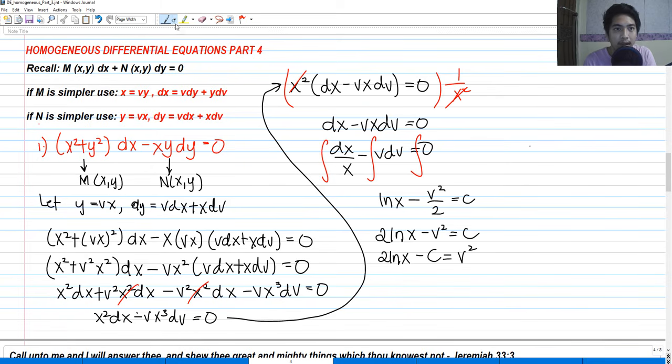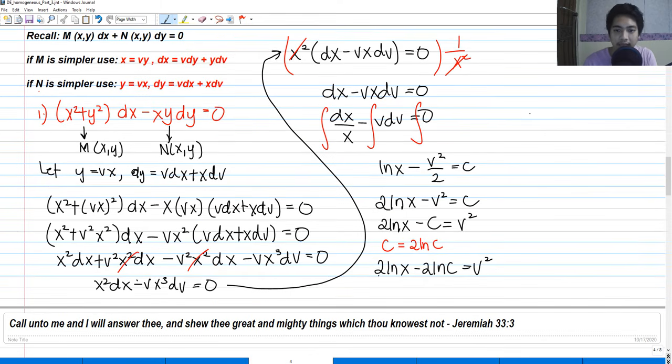So now, in order for me to simplify this ln of x, I have to let c equal also to 2 ln of c. There's no harm in doing this because 2 ln of c is still a constant. So I could have 2 ln of x minus 2 ln of c equals v squared. It has to be the same base, 2 ln and 2 ln.